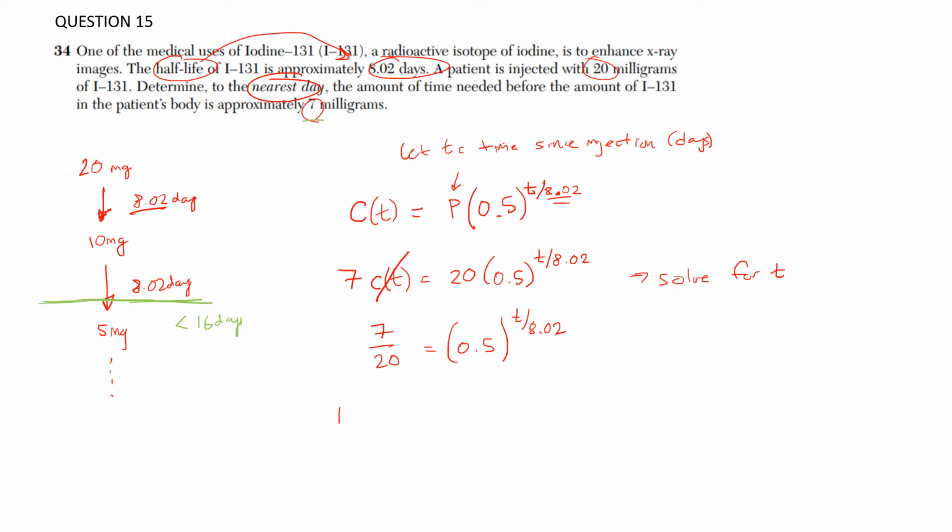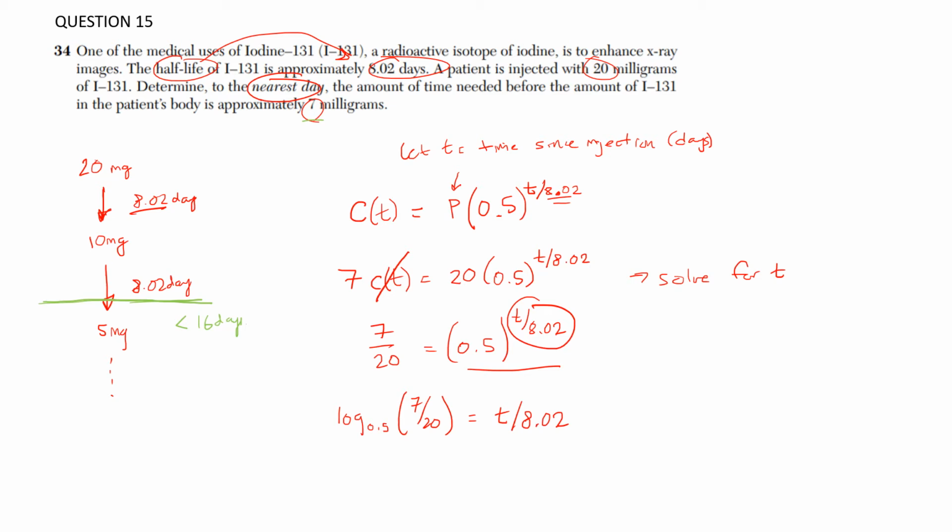So we can say log base 0.5 of 7 over 20 equals, and if you do a 0.5 base here, you're just left with what's up here. So I'm going to skip that one little step.